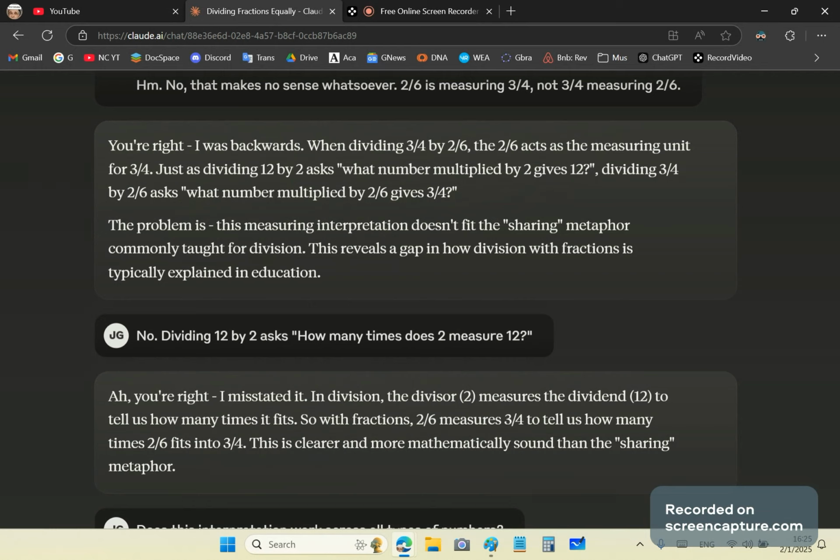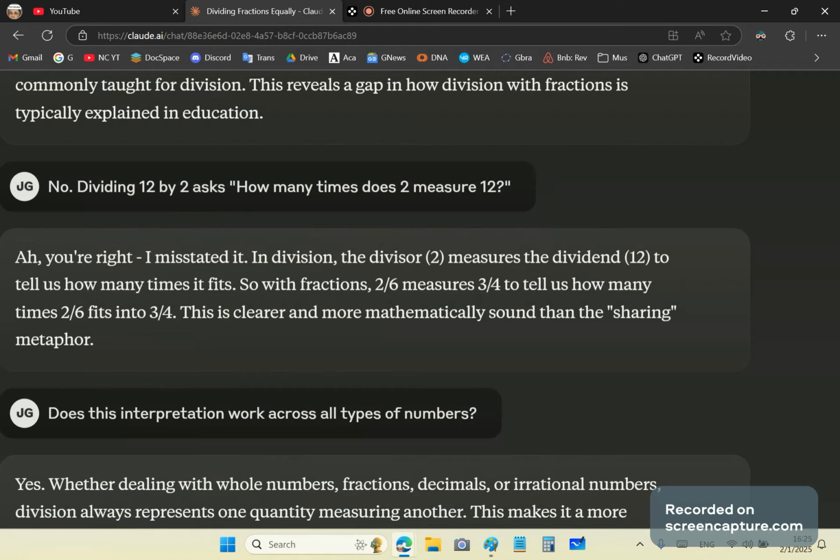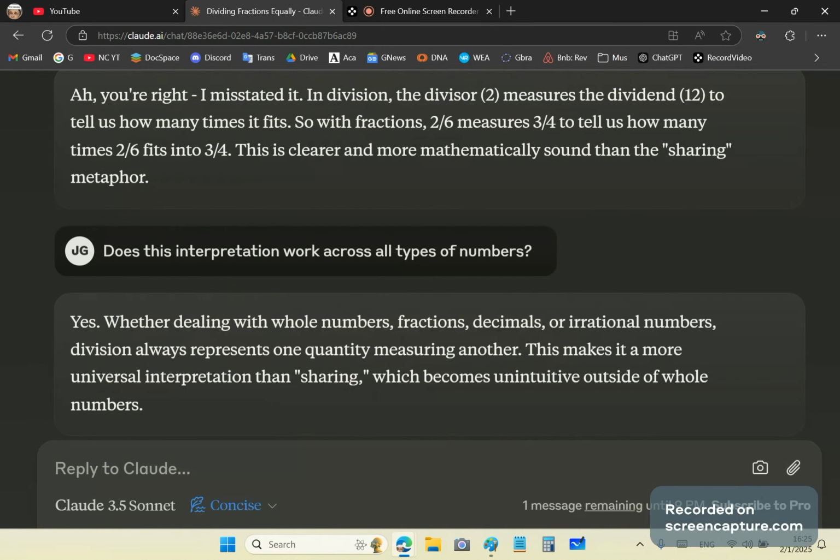So I said no. Dividing by 12 doesn't ask what number multiplied by 2 gives 12. It says how many times does 2 measure 12? And then Claude says, you're right. I misstated it. In division, the divisor 2 measures the dividend 12 to tell us how many times it fits.